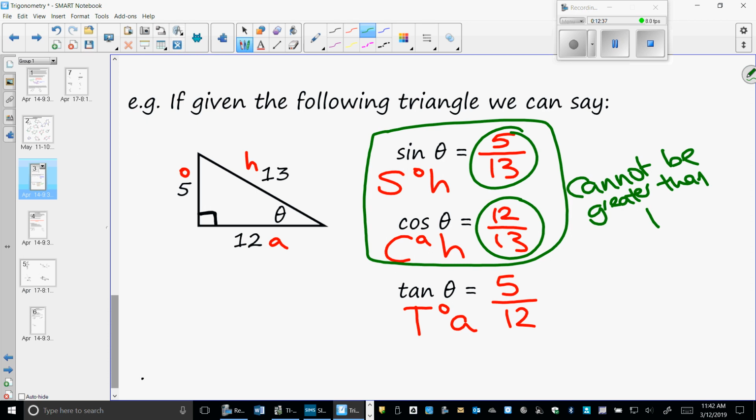So if you had labelled them incorrectly, and you had for some reason 12 over 5, 12 over 5 is more than 1, which means that you've done something wrong. So when it's sine and cos, these values cannot be greater than 1. They are able to be negative, but you can't have them greater than 1. Okay? The tan can be whatever you like. So that's an important thing.